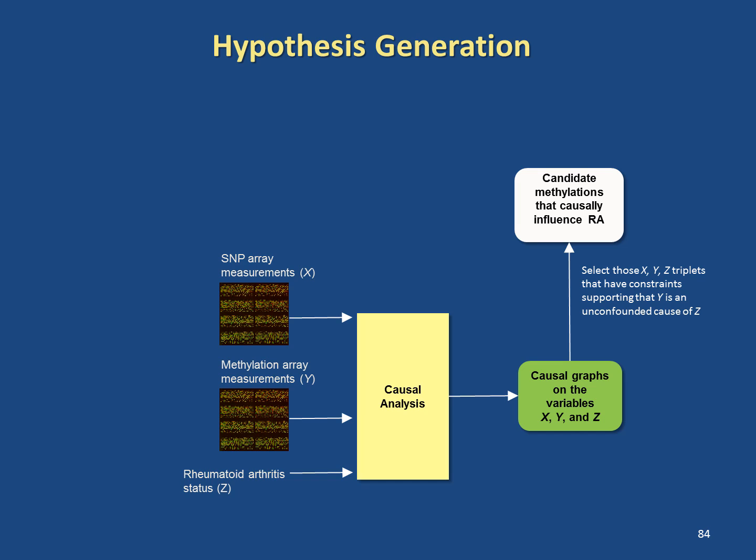And those constraints are being obtained from the data. Those lead to candidate methylation positions that are causally influencing rheumatoid arthritis, namely the Ys that support the 4 dependencies.